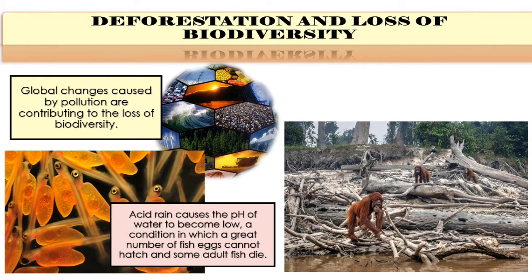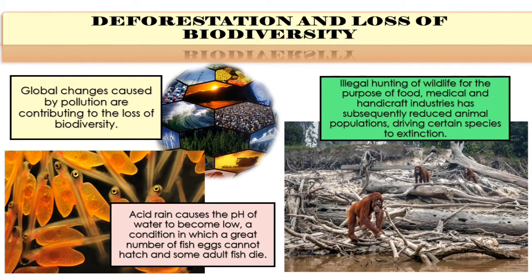Acid rain causes the pH of water to become low, a condition in which a great number of fish eggs cannot hatch and some adult fish die. And the last one, the illegal hunting of wildlife for the purpose of food, medical and handicraft industry has subsequently reduced animal population, driving certain species to extinction.